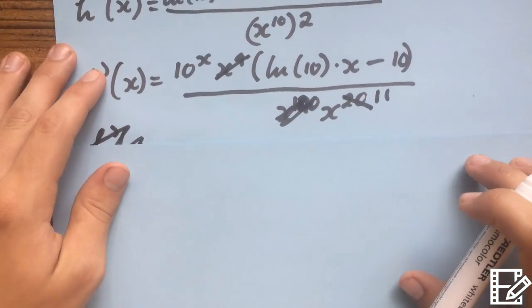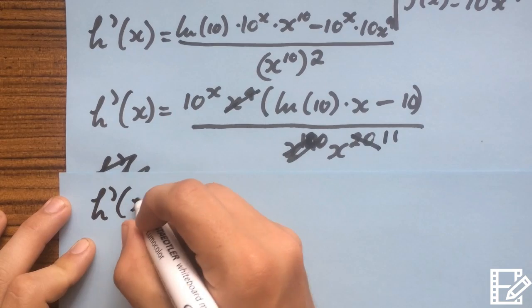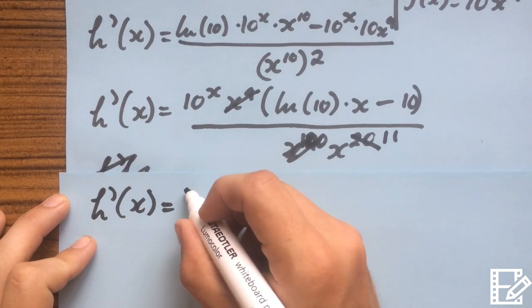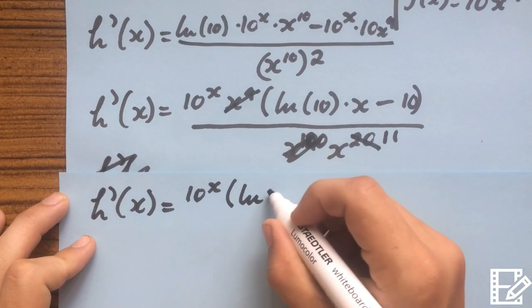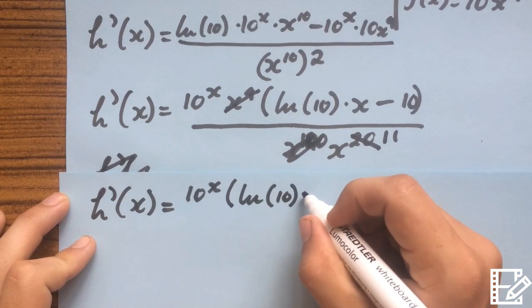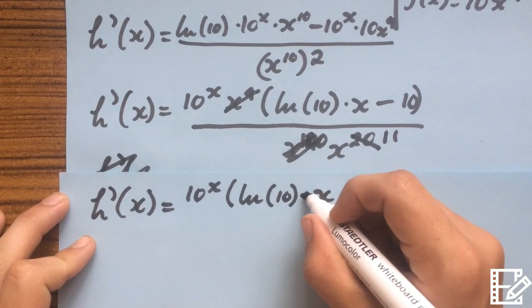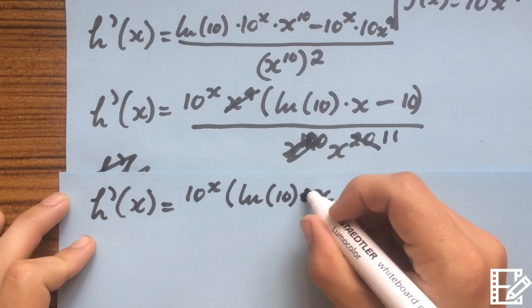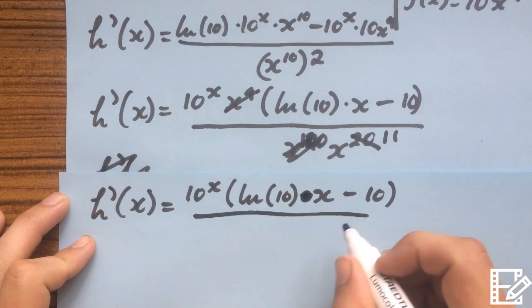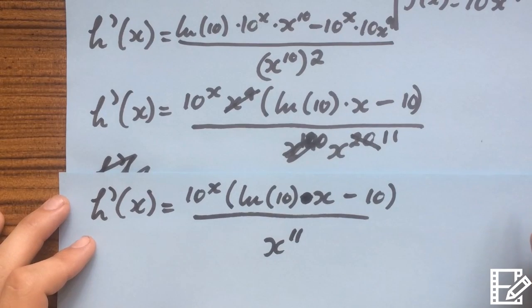My derivative, simplified, will look like 10 to the power of x, bracket ln 10 minus x, multiplied by x minus 10, all over x to the power of 11.